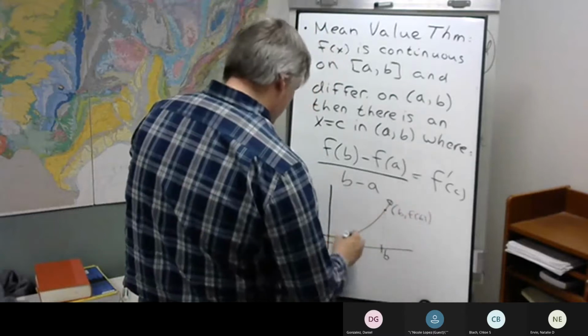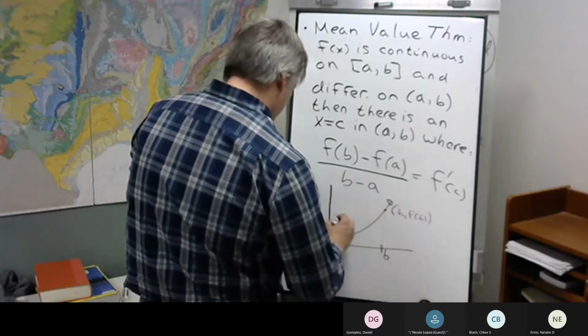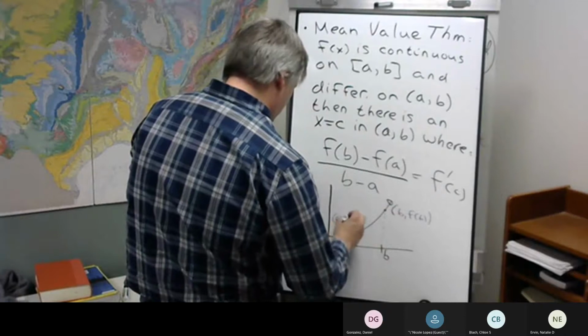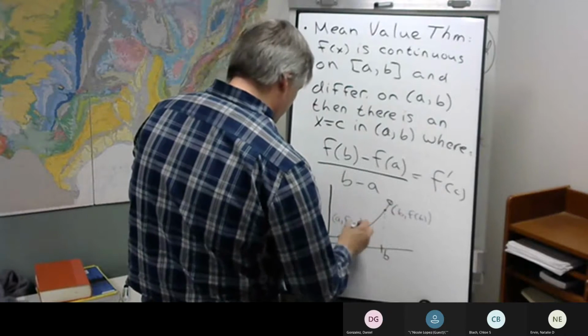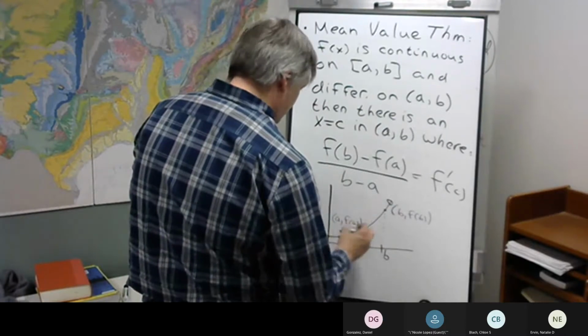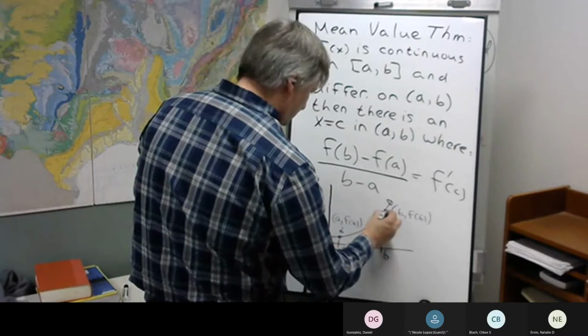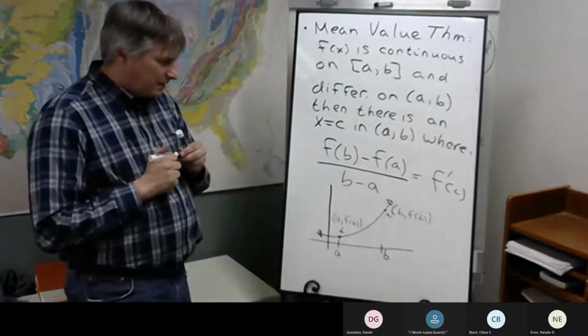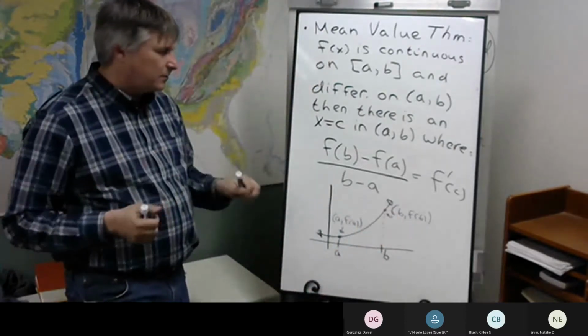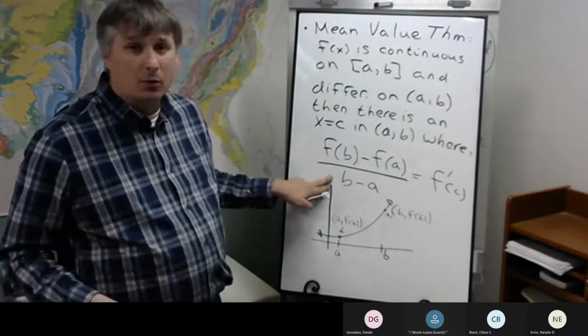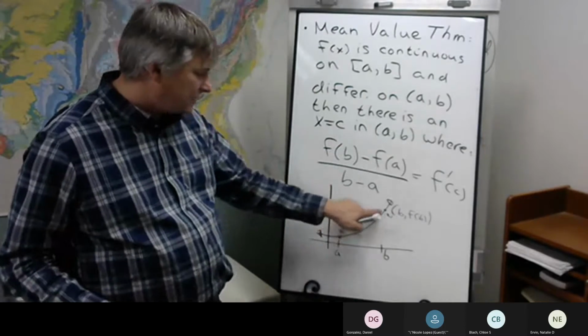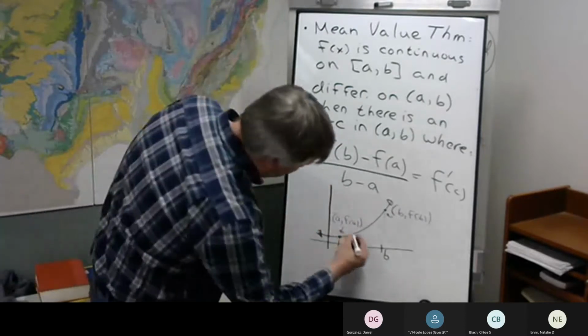And we have our f of a. So what we're doing here is we're calculating the slope of a line that's passing through these two points.